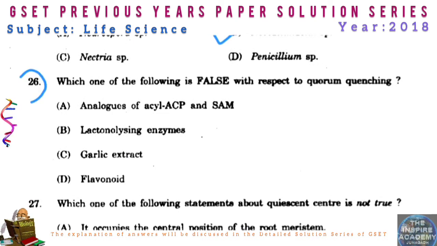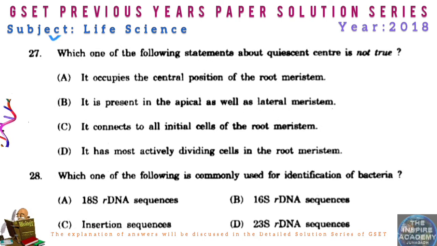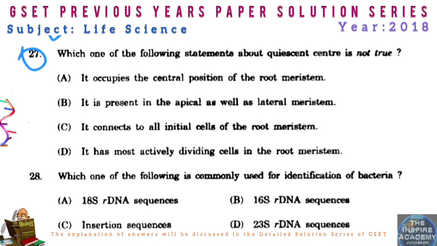Question number 26. Which one of the following is false with respect to quorum quenching? The correct answer is flavonoid.